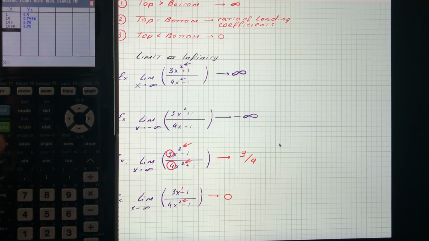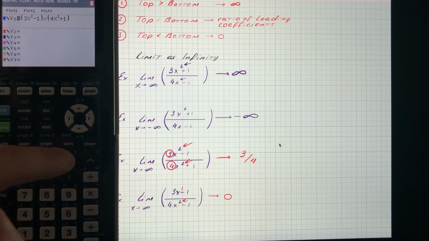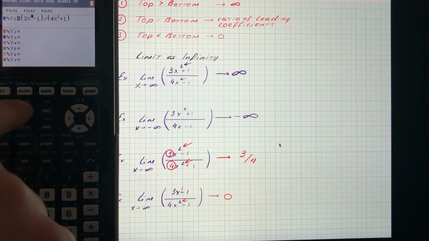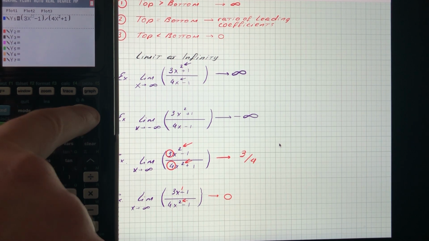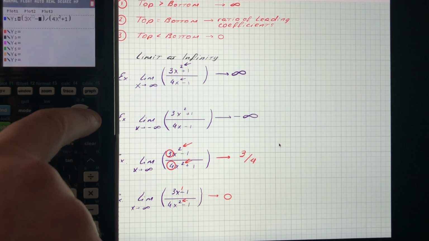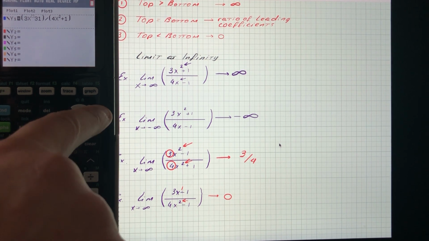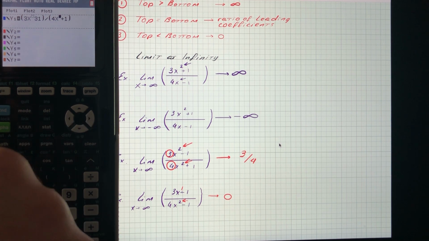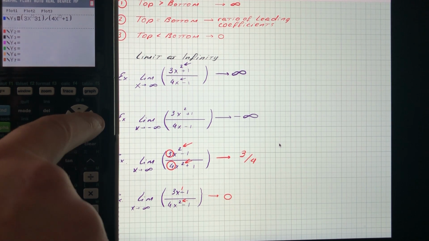And so the final answer then, let's look at the last example with the calculator. That's 3x to the first, so let's not have any exponent here, minus 1, this time it's plus 1, over 4x, no exponent, minus 1.